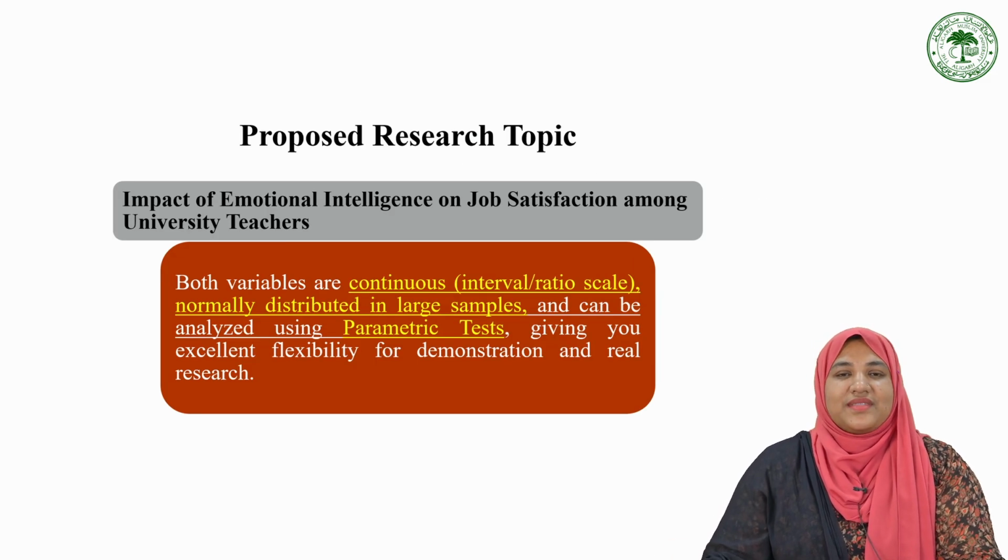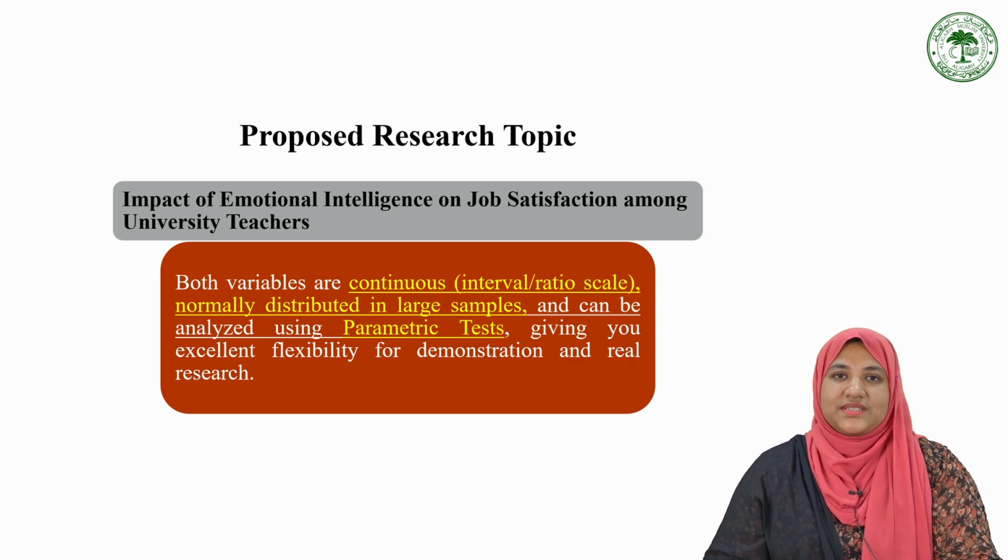So here at the onset itself, I would like to start with a proposed research topic. You might have gone through different research topics, or you might have done different researches also. So here I have come up with one simple example, one small example with respect to a parametric test.